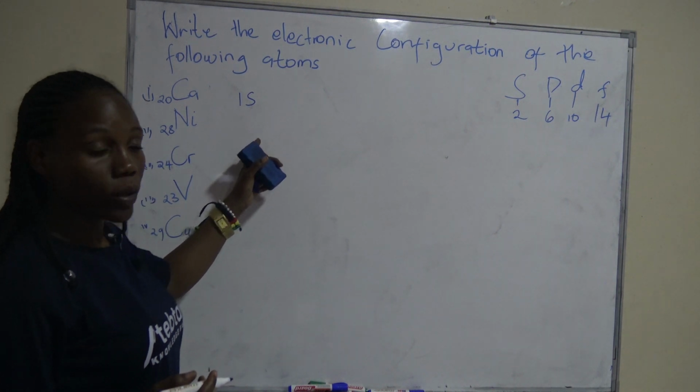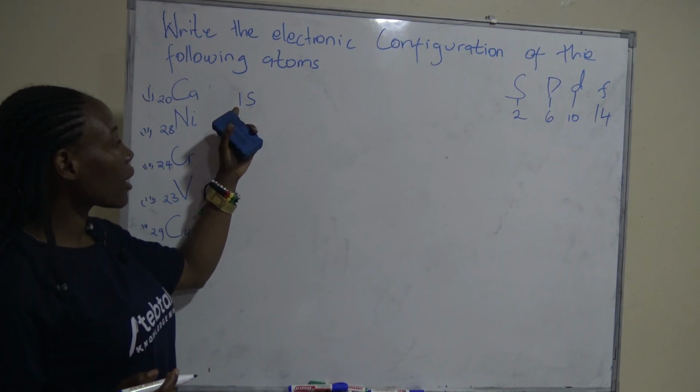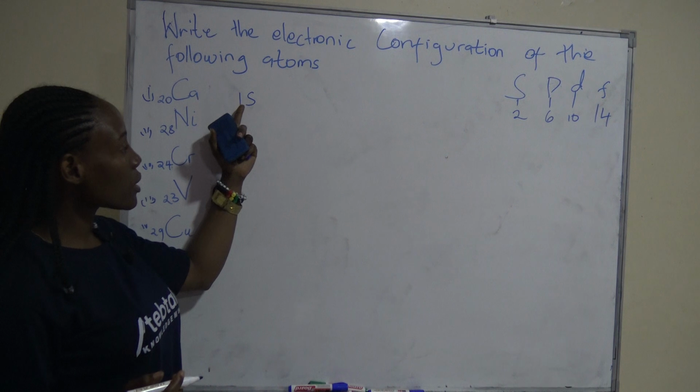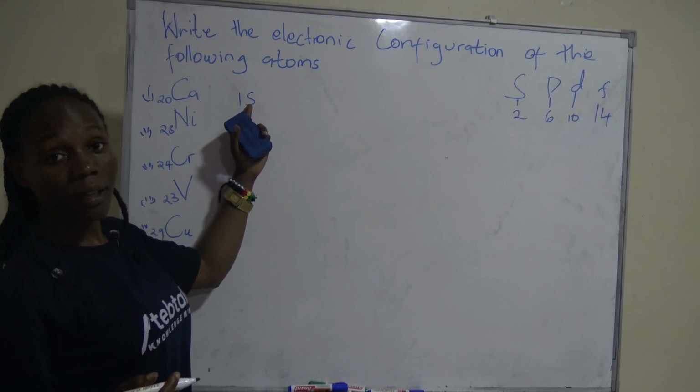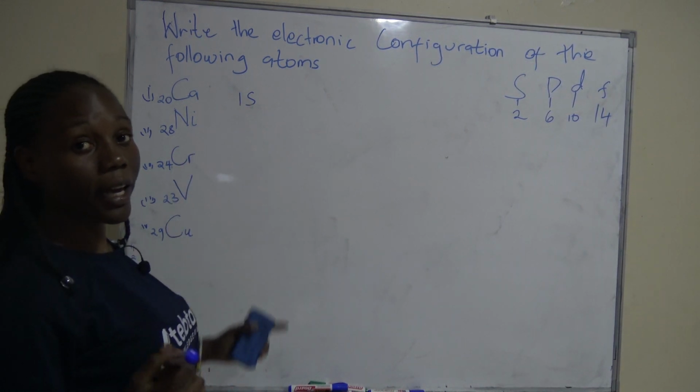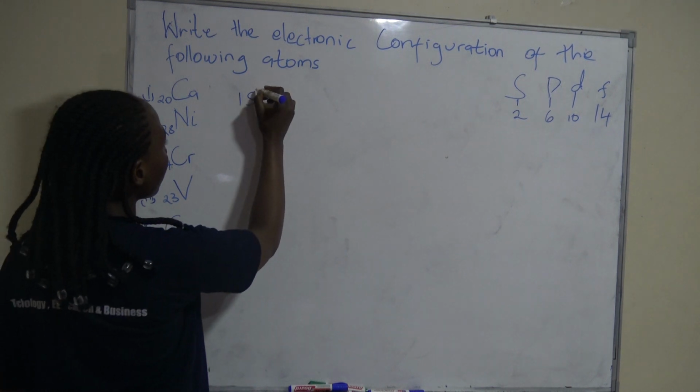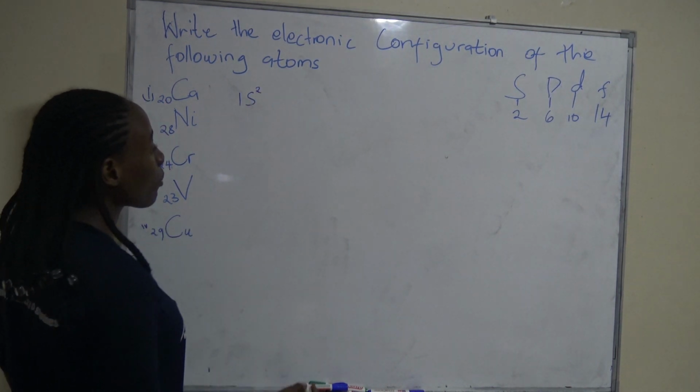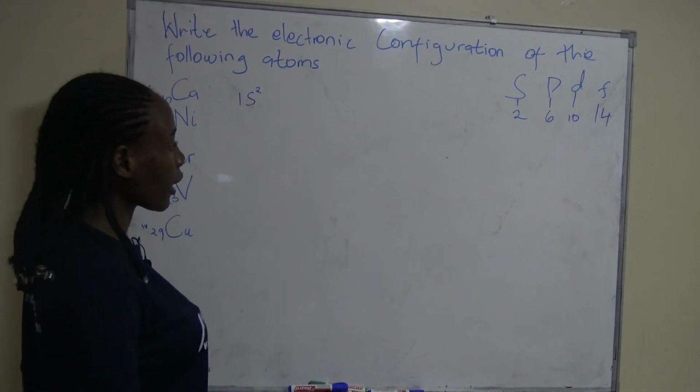When filling, we start with the lowest energy level, the first shell or the S shell, which accommodates a maximum of 2 electrons.